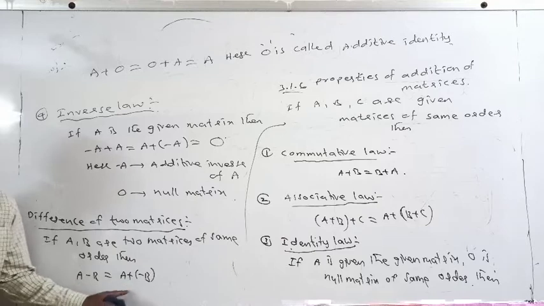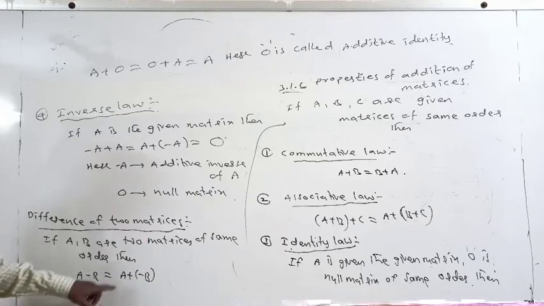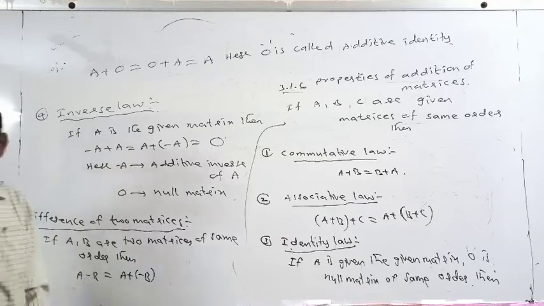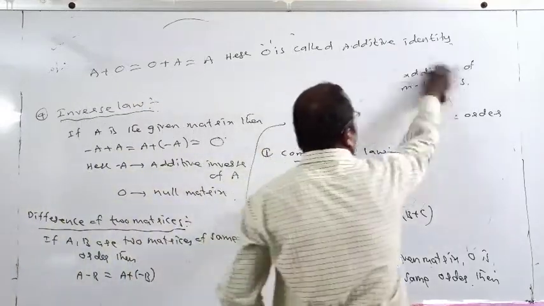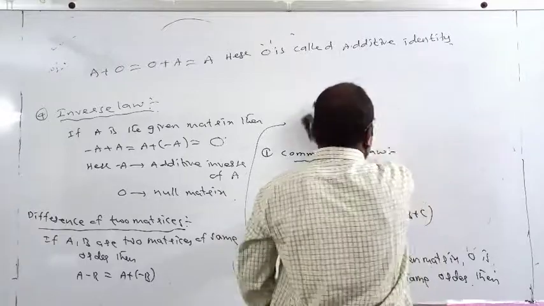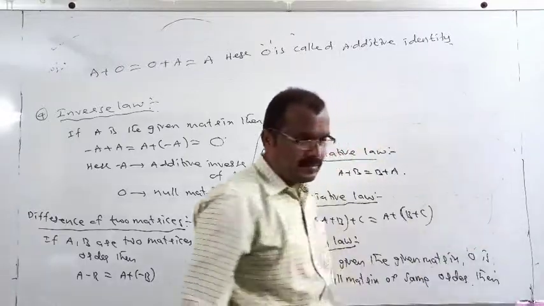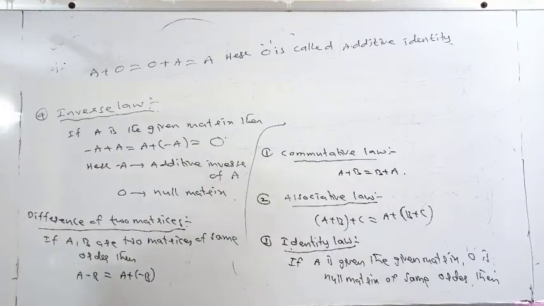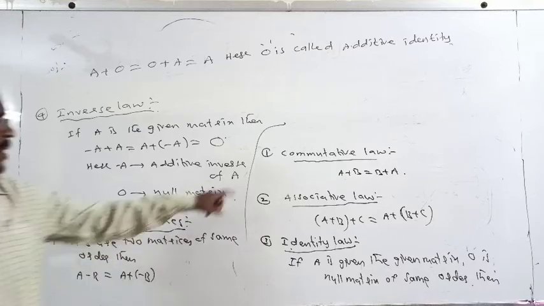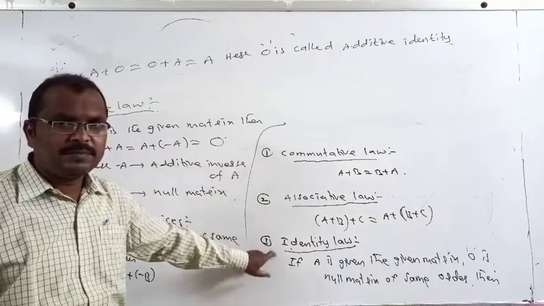Both are the same. Here we have plus only. So copy the property, numbers 1, 2, 3, and 4.